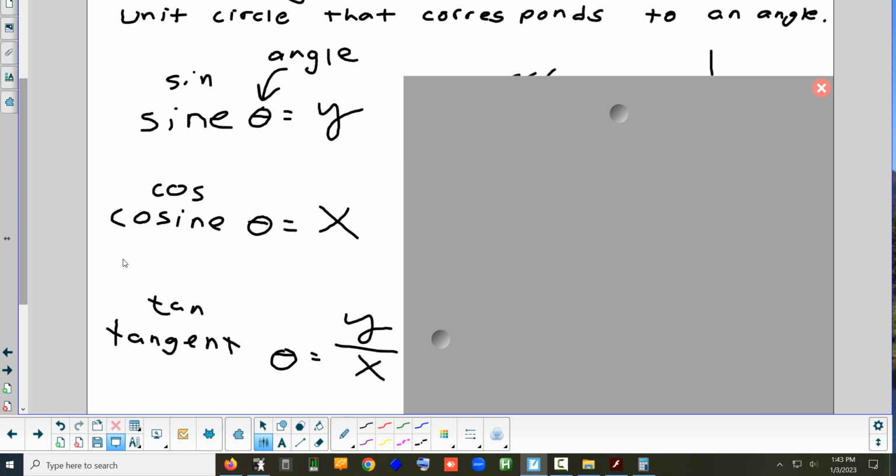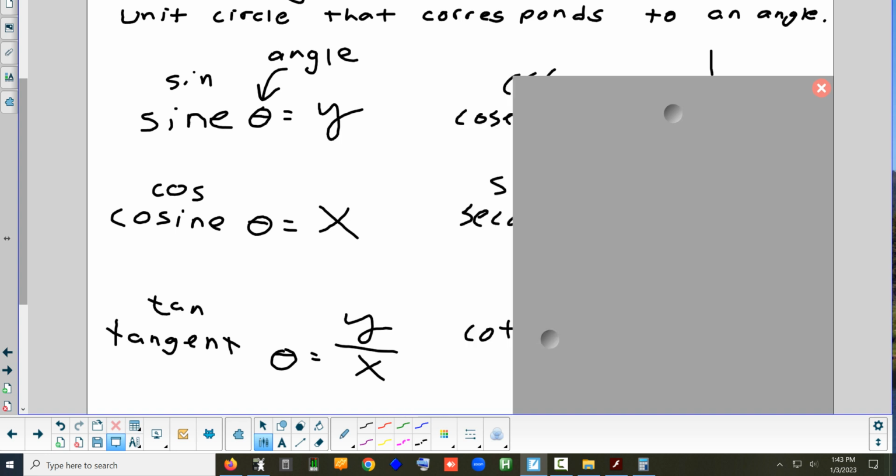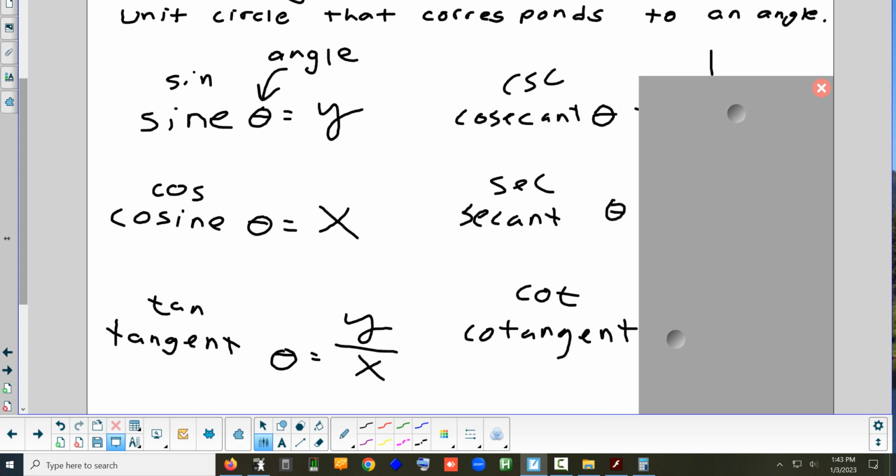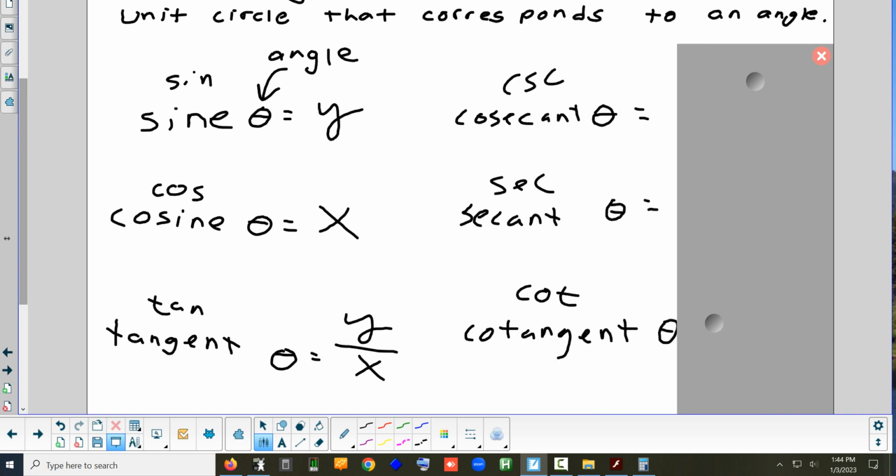Now, the next 3 trig functions, I want you to put them across. Hopefully you have some room. But I want them across for a certain reason. I'll show you why in a second. So the one that I put across from sine is called the cosecant. All trig functions have a three-letter abbreviation.